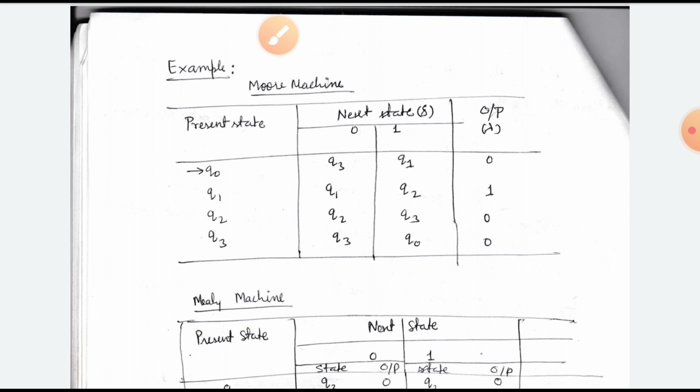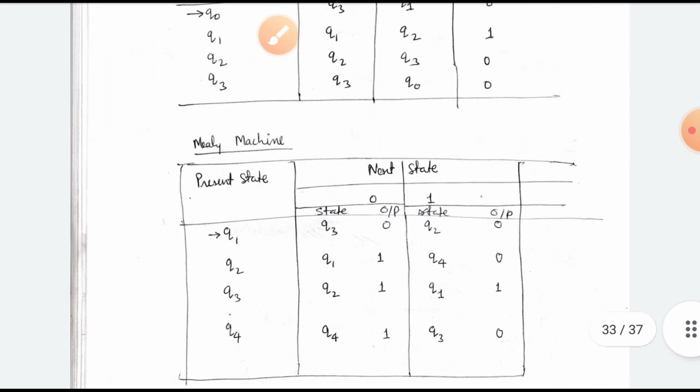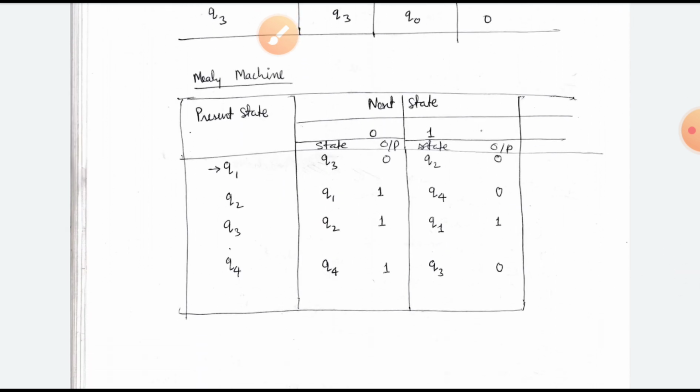That will only depend upon the present state, so there is no bifurcation of the output column. But in the case of the Mealy machine, we need to bifurcate the output too, because it will depend upon the input alphabet and the present state also. So in the case of the Mealy machine, the table looks like that.